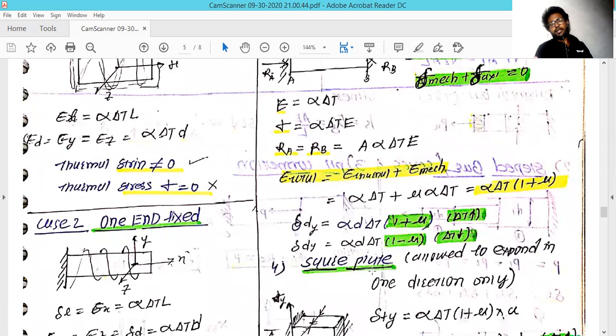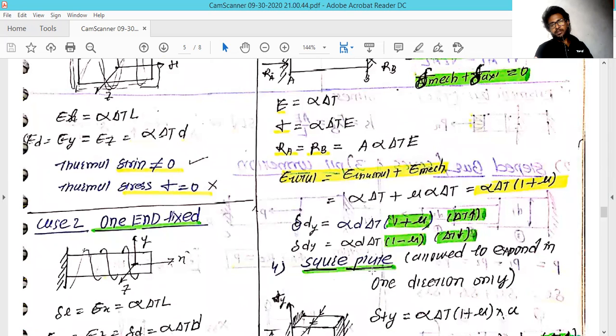Now we move to the strain which is developed by these forces. First of all, you have understood that there will be no change in the length direction, but there is a change in the diameter direction. It is due to the thermal stresses. First, the strain is due to thermal stress, and secondly, due to mechanical stress.